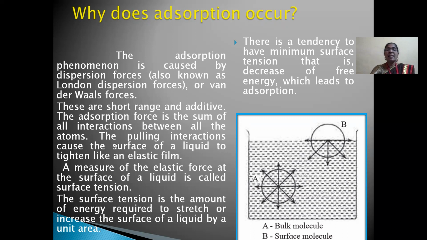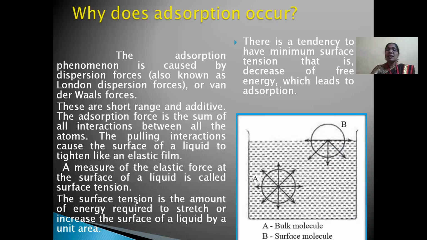The pulling interaction causes the surface of a liquid to tighten like an elastic film. A measure of the elastic force at the surface of a liquid is called surface tension.